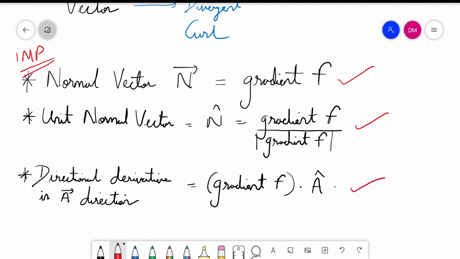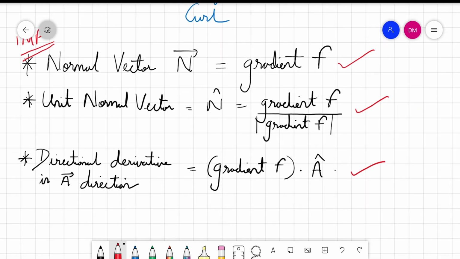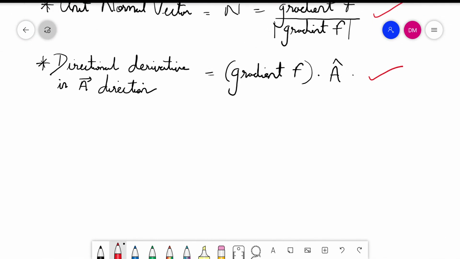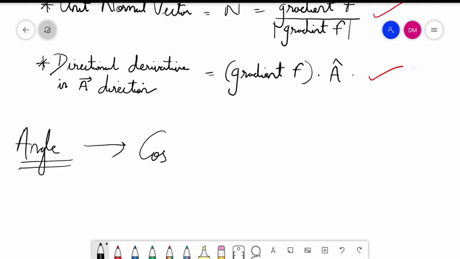So now let's talk about angles. When we talk about angle in vector calculus, cos theta comes to our mind. But suppose, how can you explain that?